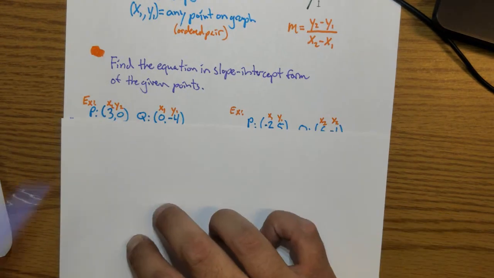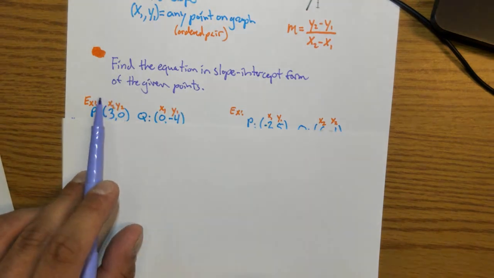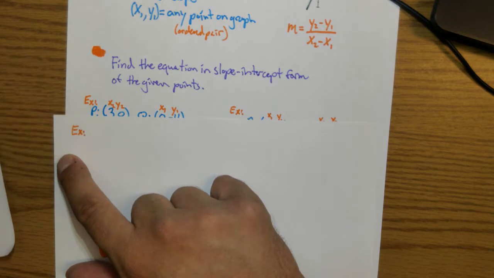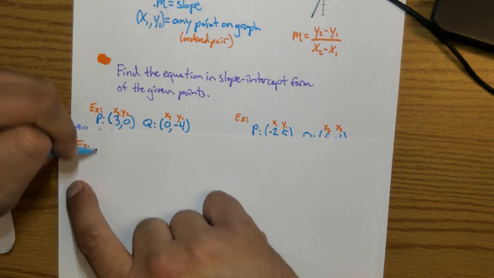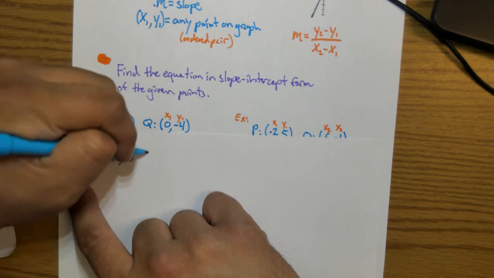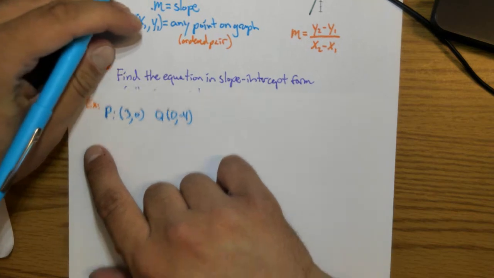So, find the equation in slope-intercept form of the given points. My first example here: we have two points, P and Q. P is (3, 0), and Q is (0, -4).